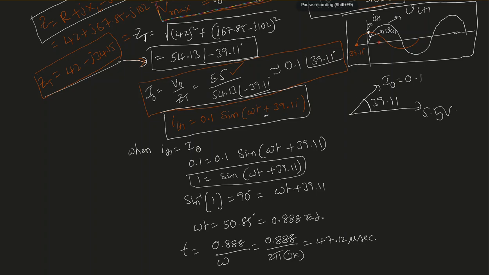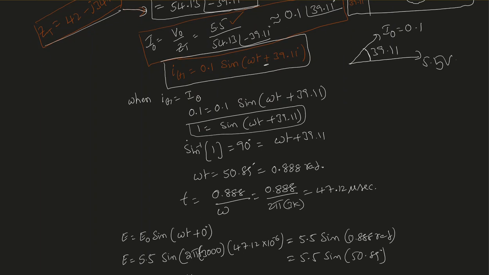Now sine inverse of 1 is 90 degrees. Remember, omega is always in radians per second, but the 39.11 is in degrees, so you need to convert that into radians if needed. So I end up finding omega t as 50.89 degrees, and from there I found the t value.